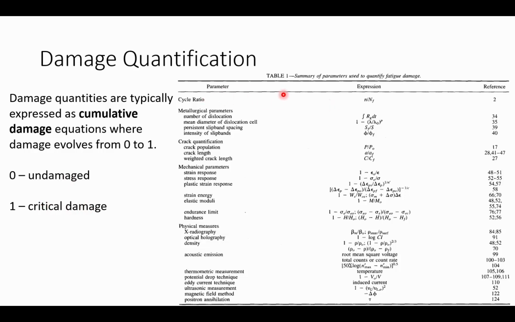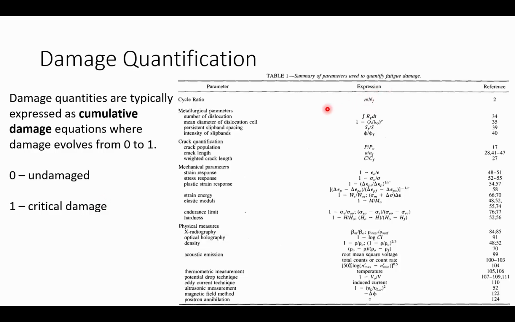Here we have an example of a cycle ratio equation, where we're tracking the cycles as they accumulate and say we know the cycles to failure from a previous experiment. At 0 cycles, we have an undamaged specimen. Once a little n is equal to nf, we have critical damage. We have a value of 1.